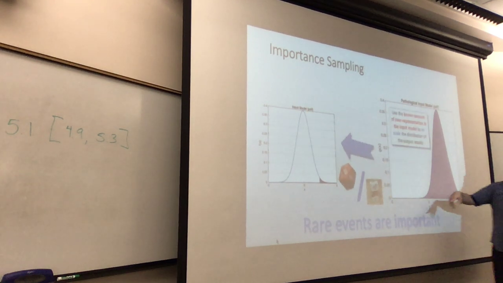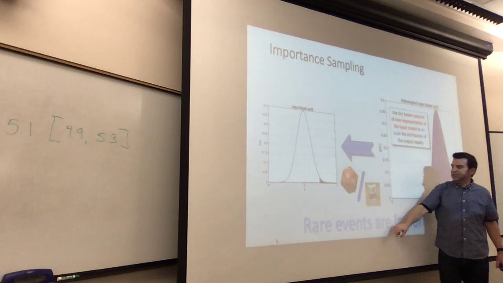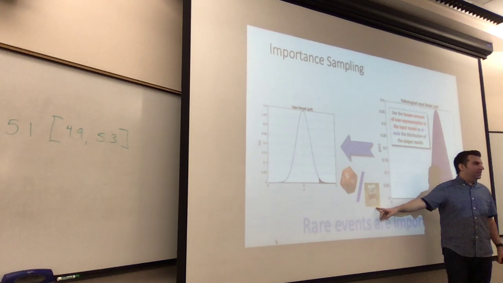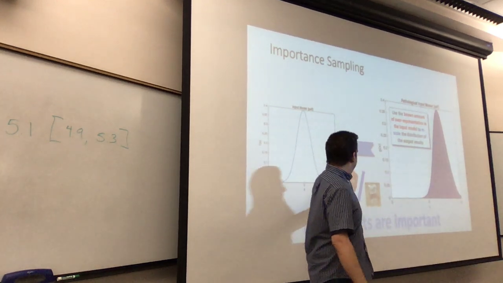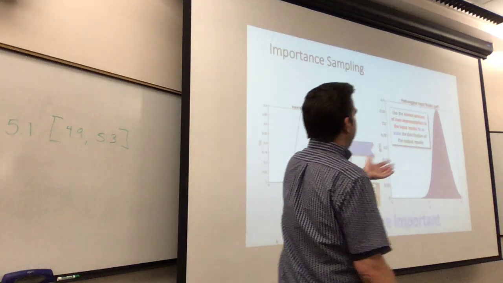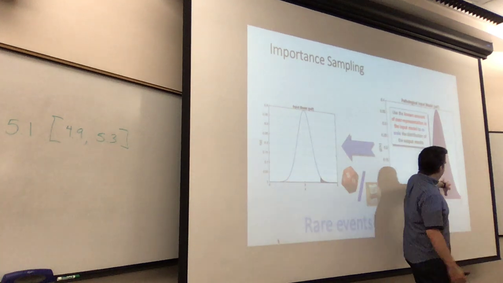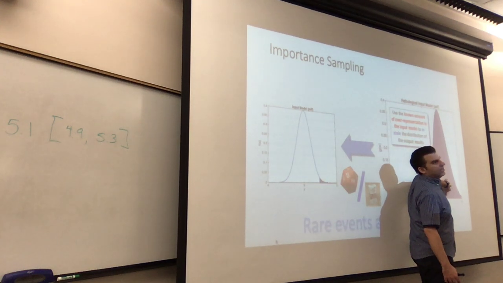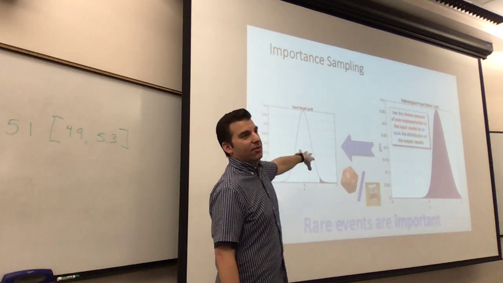If I know the typical distribution and the atypical distribution, then I can simulate under the atypical distribution and then use a fancy ratio, we call a likelihood ratio, to rescale my outcomes so that the many interesting outcomes here turn into a smaller frequency here, but a very accurate one.